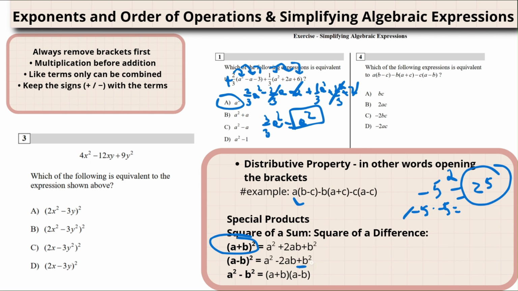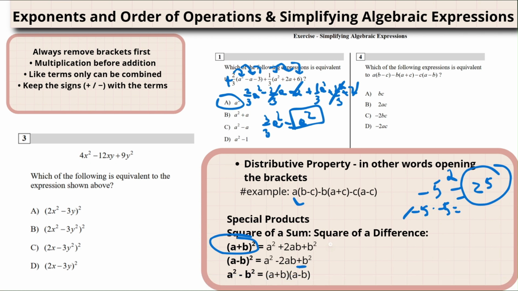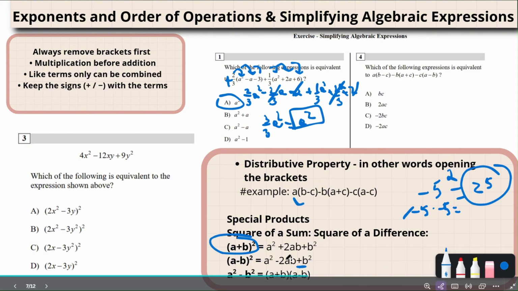Just remember that. And this is also a pattern you have to be familiar with: any number squared minus or plus any number squared could be written in this form, a plus b or a minus b. Because if you open them with the method of FOIL, you'll get the same result.